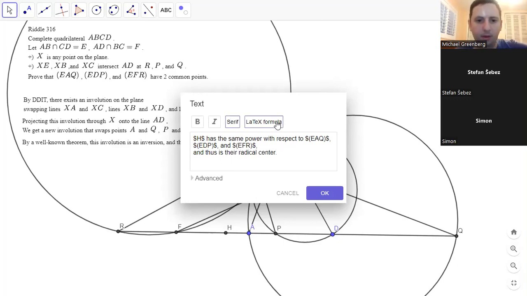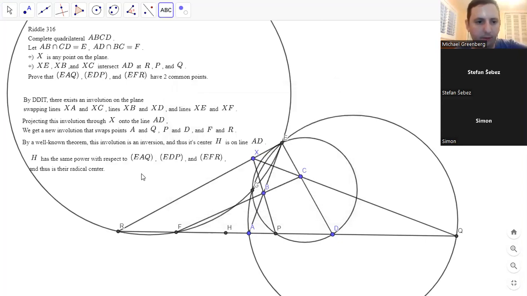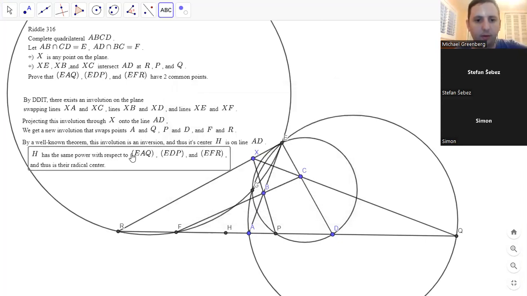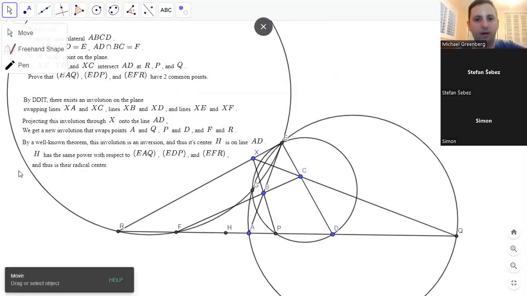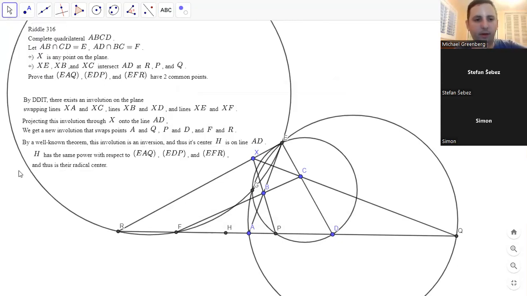Okay, so let's think about this. H can be their radical center, but it doesn't necessarily. It is important that they have one common point, E. Okay, so because they all pass through E, then they all have to pass through G. That's right.